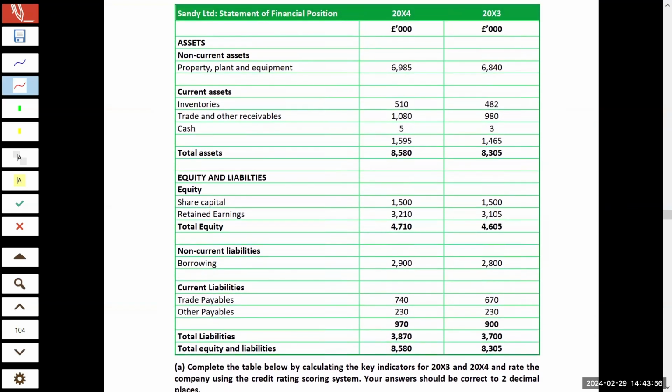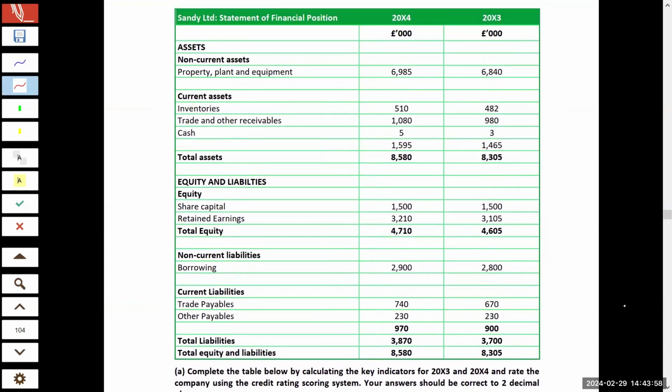So all we're going to do this time is go to the statement of financial position. Can I find my current assets? Yes, I can. 1,595. Can I find my liabilities? Yes, I can. 970. There's payables and other payables added together.